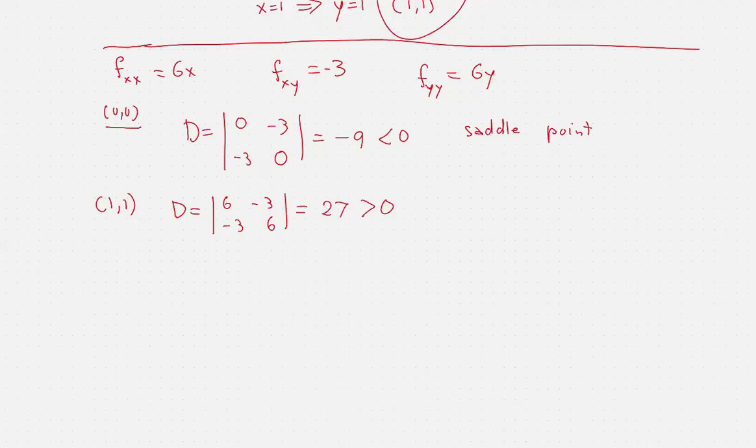Now, what kind of extremum do we have? Well, f_xx at (1, 1) is equal to 6, which is greater than 0. So that means that we have a local minimum. So we have two critical points, (0, 0), which is a saddle point, and (1, 1), which is a local minimum, and that completes our classification of the critical points.